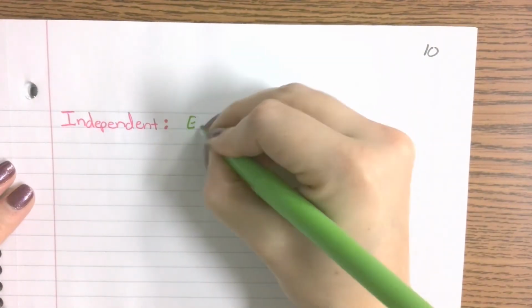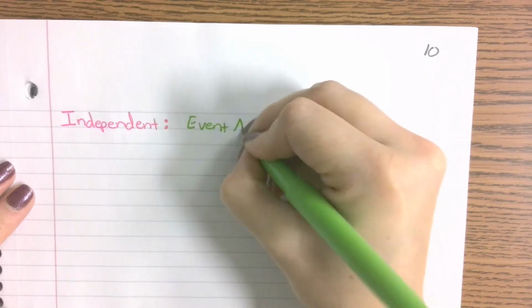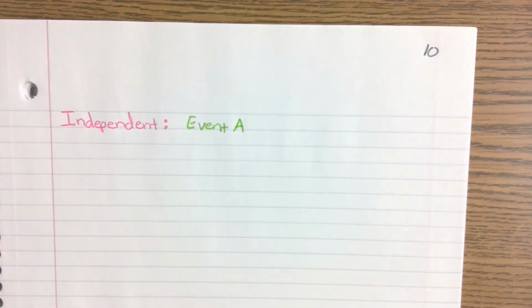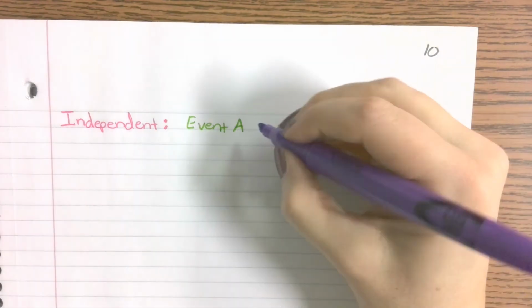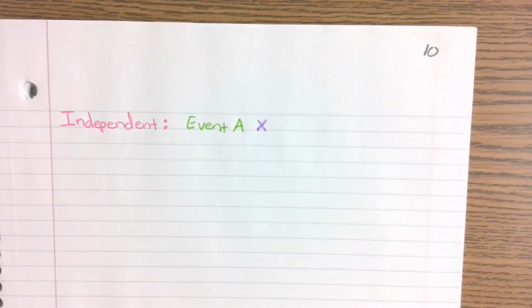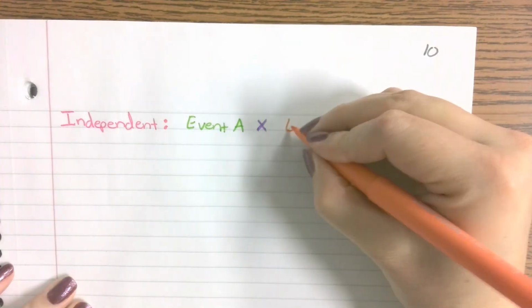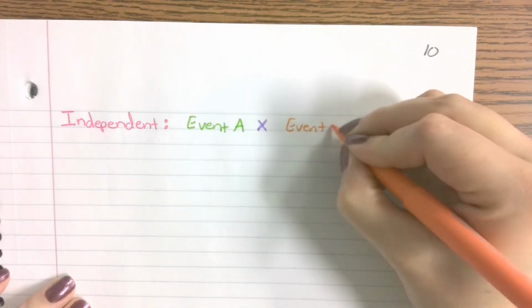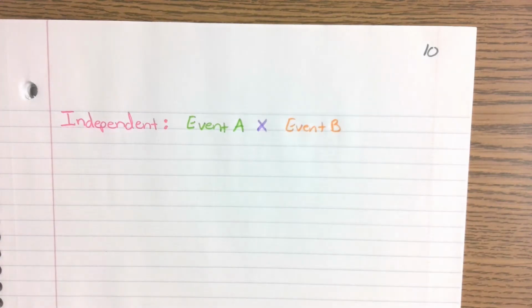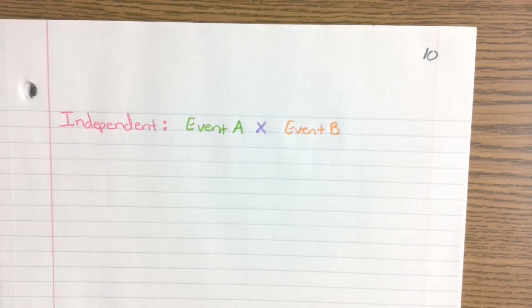With independent, you just take the probability of event A and then multiply it by the probability of event B. There's absolutely no effect. You guys have been doing this for all the compound events, just multiplying the probabilities together, because every single one of those events had no effect on the other.